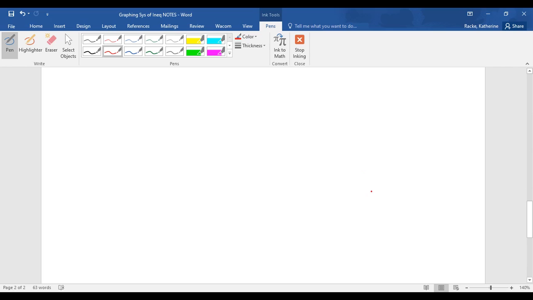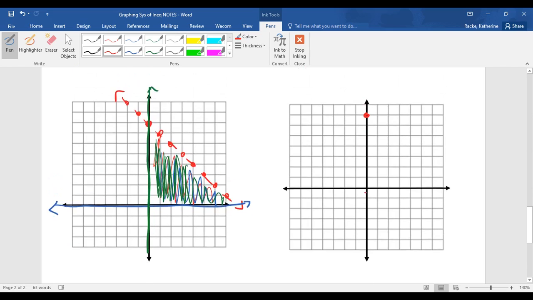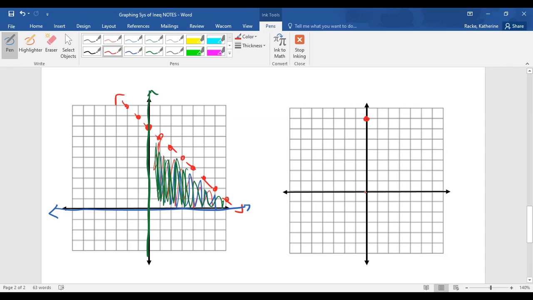And so it's a negative 2, so I'm going down 2 over 1. Okay. And this is going to be a dotted line because it's not equal to.